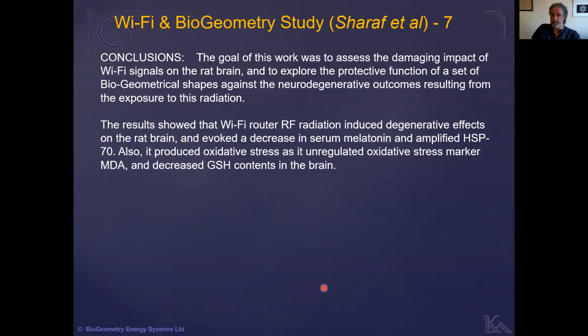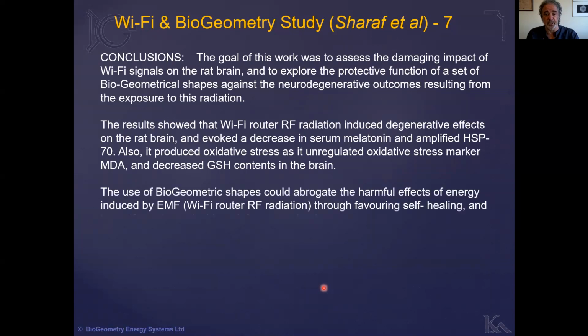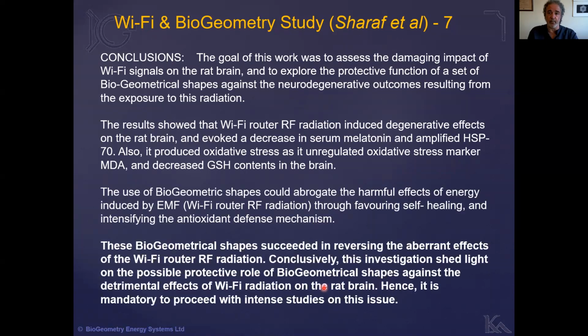Okay, well, I'll leave it up to you to decide if it affects rats' brains, what does it do to ours. But most importantly, we always have to focus on the positive right here. Most importantly is that biogeometry is an effective solution for these effects. It can help nullify that effect that normally the Wi-Fi would have.